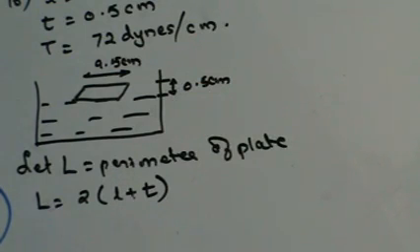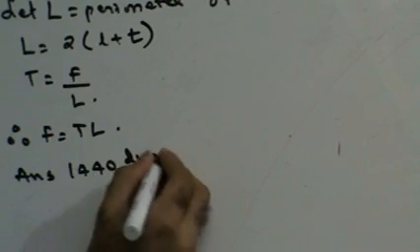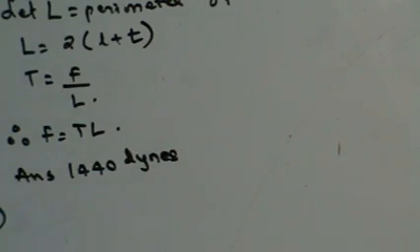Once I have this, I can use my basic formula. Surface tension is force per unit length. Therefore, force is tension into length. Length you already found out, tension is given to you. You can multiply and get the answer. The answer for this should be 1440 dynes. Next, take down the next one please.